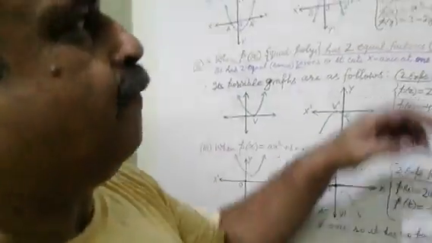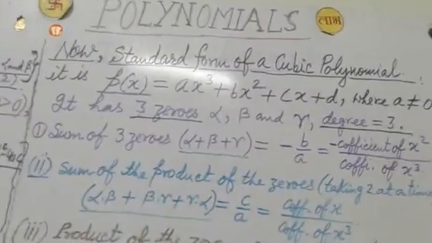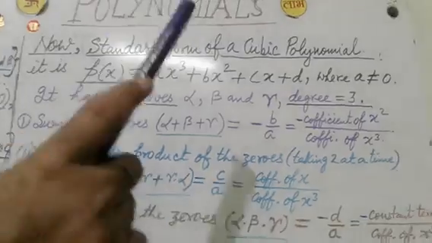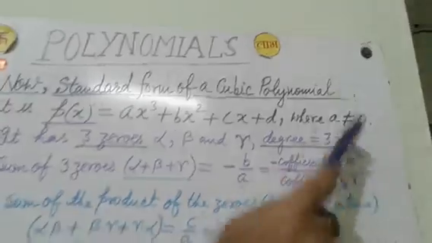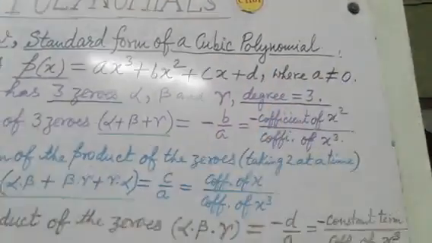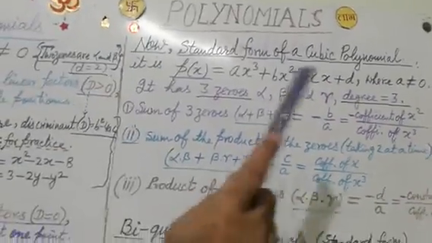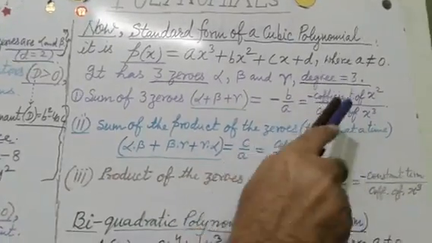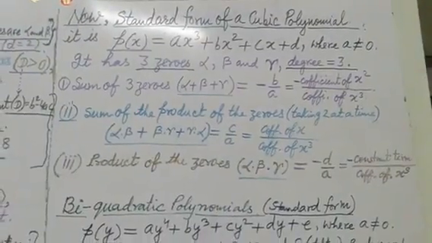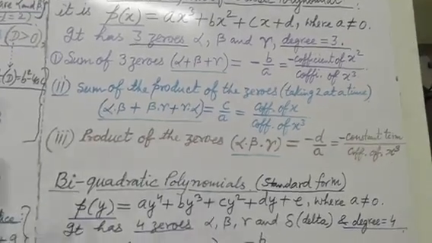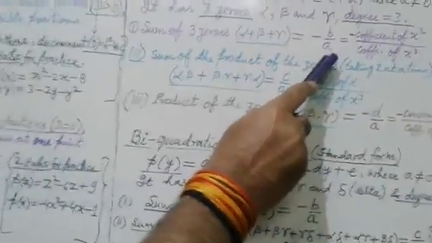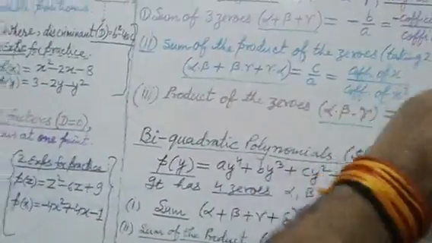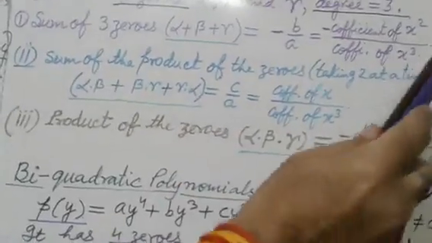Got it? Now, the standard form of a cubic polynomial. What is the standard form? p(x) is equal to ax cube plus bx square plus cx plus d, where the coefficient of x cube is not equal to 0. It has three zeros, alpha, beta, gamma, and the degree of a cubic polynomial is 3. Now some formulas related to this. Sum of three zeros, alpha plus beta plus gamma, is equal to minus b upon a, where b is the coefficient of x square and a is the coefficient of x cube.